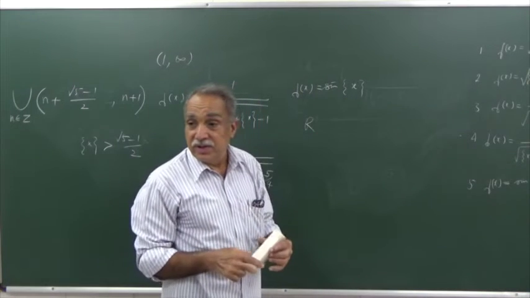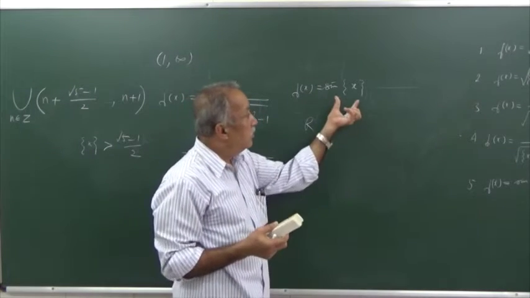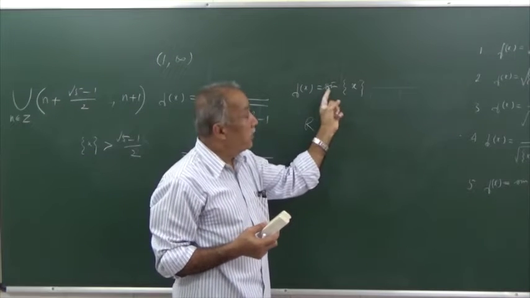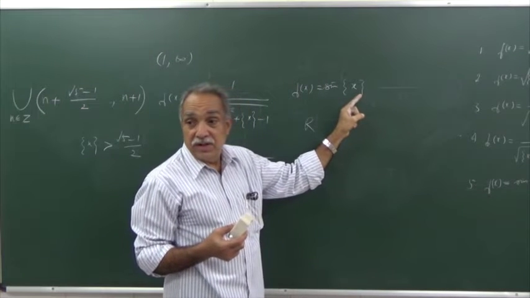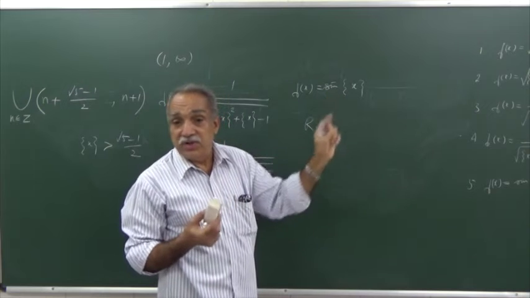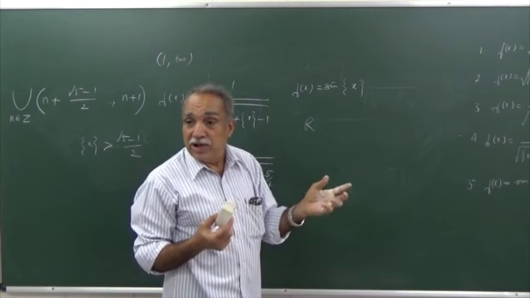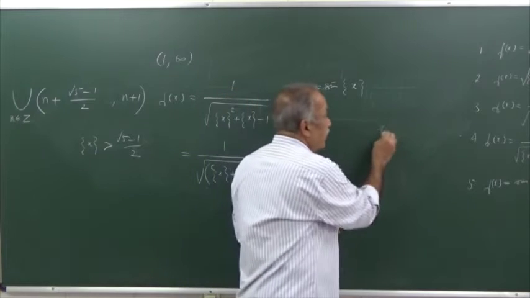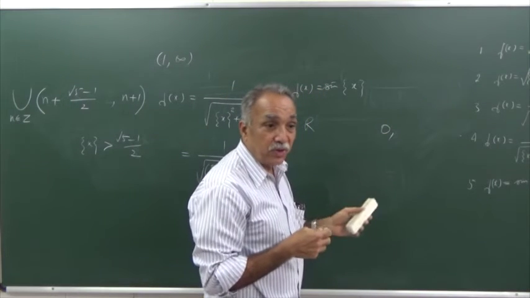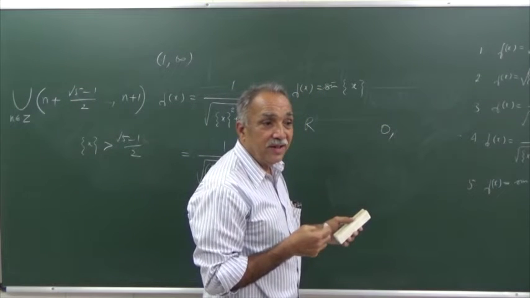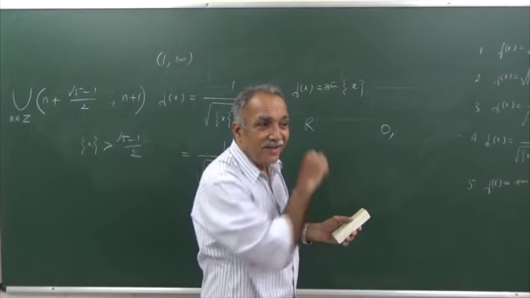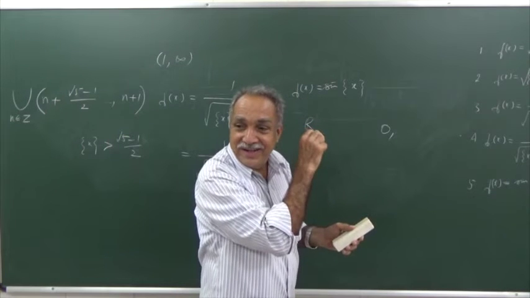What about range? We just now noted this is a number between 0 and 1. You are applying the sine ratio to it. Sine of a number between 0 and 1 can have a value between sin 0, which is 0, and the other endpoint.